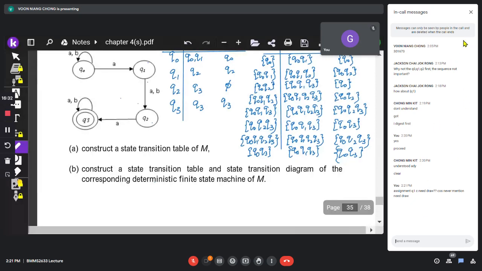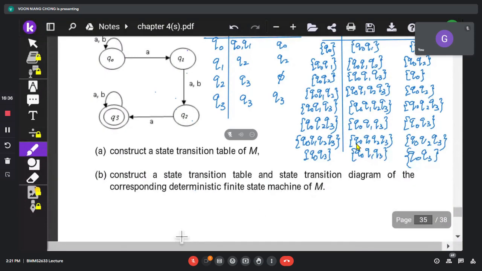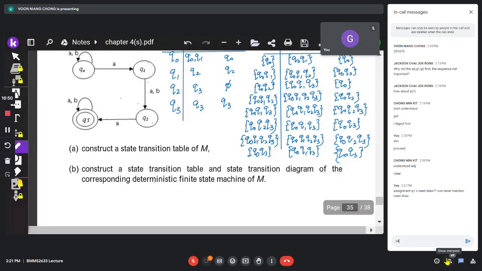If the question didn't ask like this, only when the question says draw the step transition diagram of the deterministic, then you need to draw. If they didn't ask you to draw the diagram, then you don't need to.